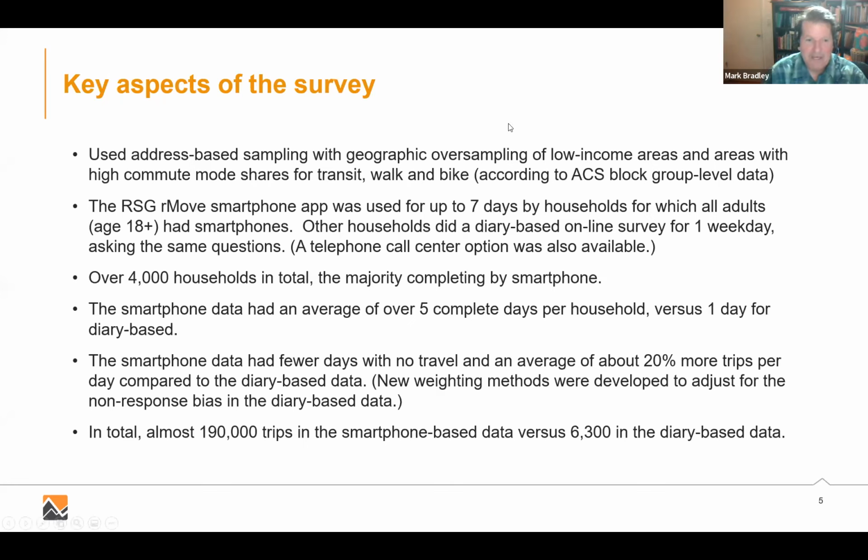So, some things about the 2018 survey. I don't know if many of you have used this data yet. As with most of our RSG surveys, we used address-based sampling, which is the main probability-based way of doing sampling for travel surveys these days.